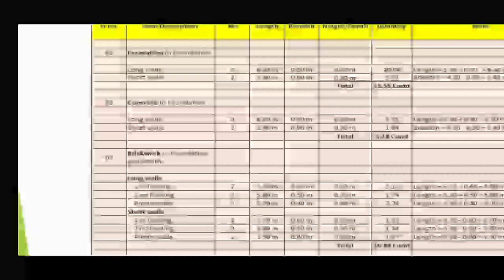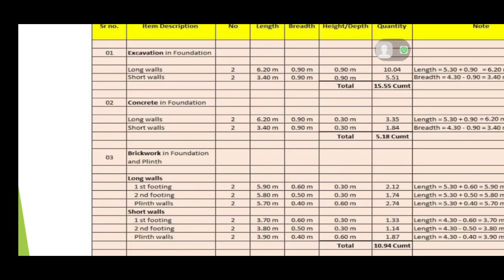For excavation in foundation there are two types of wall as per the long wall short wall method. There are two long walls. In the first item, excavation, we are going to calculate long walls first. The number of long walls is 2 and the length is 6.2 meters.